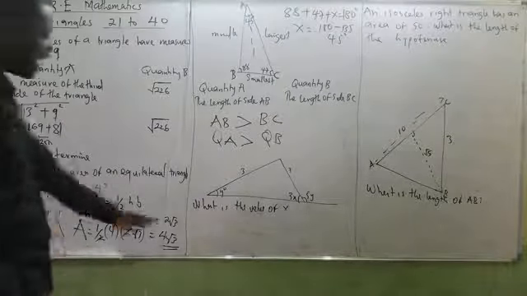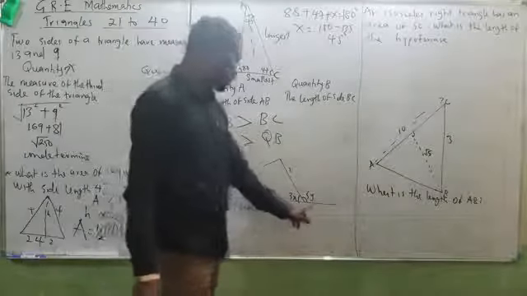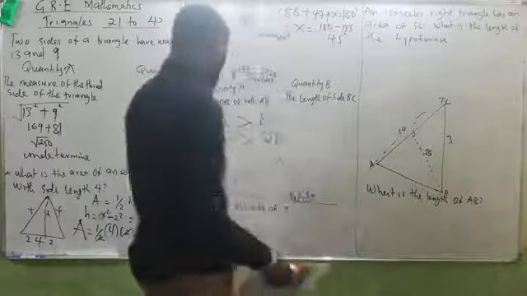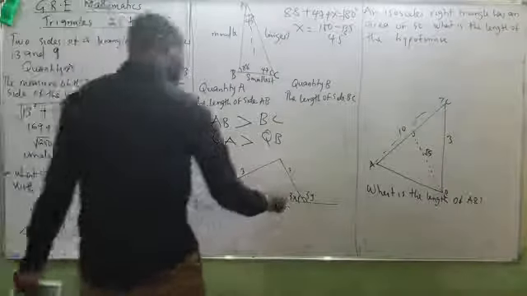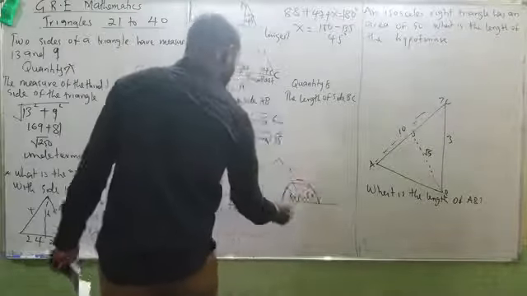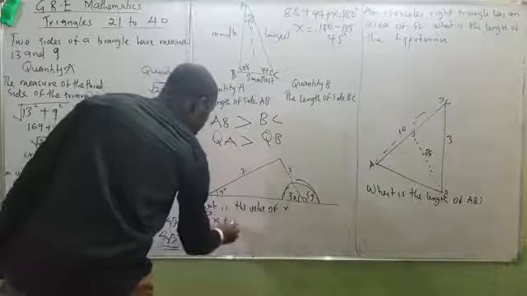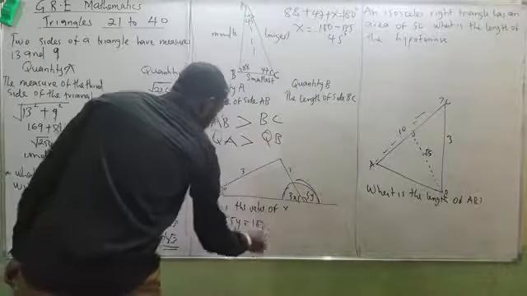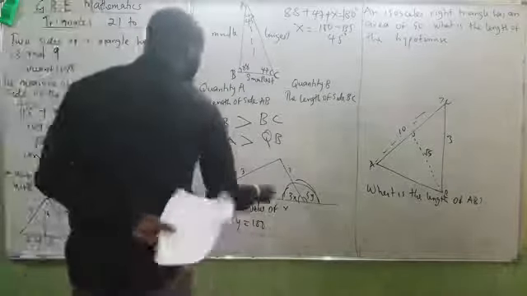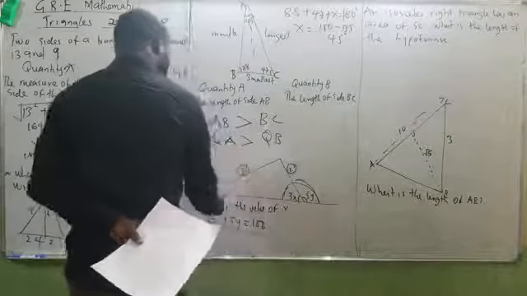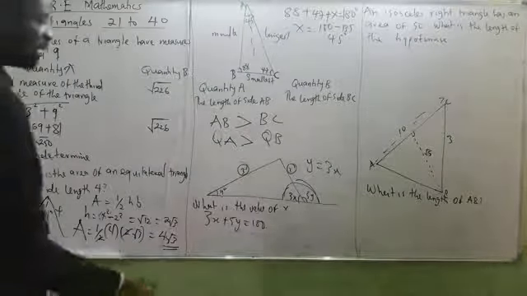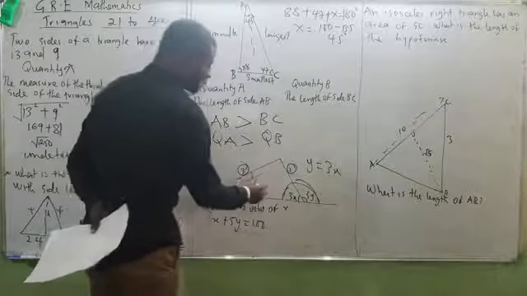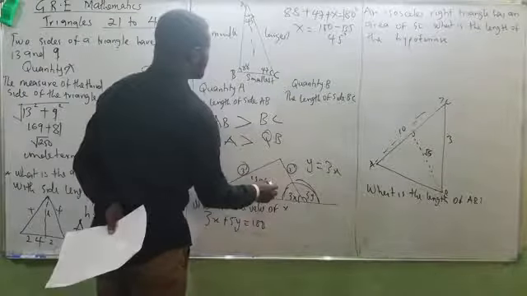Now I have something like this: x and 3x and 5, 3 and 3. You are now asked to find the value of x. It's very simple. You know that angles on a straight line sum to 180, so 3x plus 5y equals 180. Since this is 3, this is 3, it means my y equals 3x, because this is an isosceles triangle.